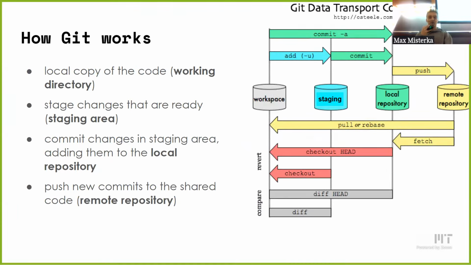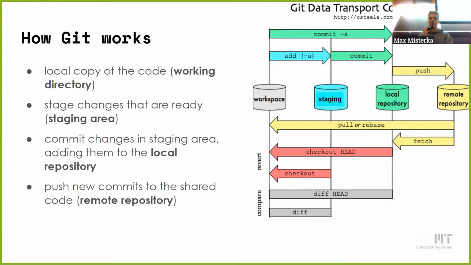So once you've done that, then you're ready to use Git. Here's how it works. You have a local copy of your code. That's the working directory. Now let's save it on your computer. If you make changes to that, then what we can do is stage the changes. That puts them in a separate storage place called the staging area. They're not committed.